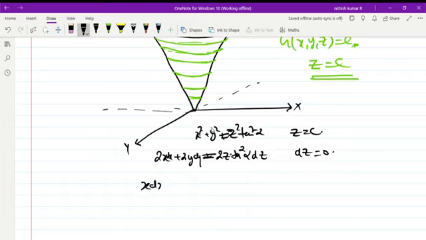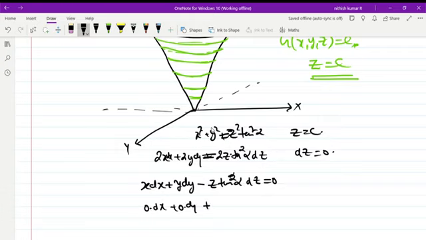So it is x dx plus y dy, and if I rearrange it, it is minus z tan square alpha dz equal to 0, and this one I can write as 0 into dx plus 0 into dy plus 1 into dz equal to 0.